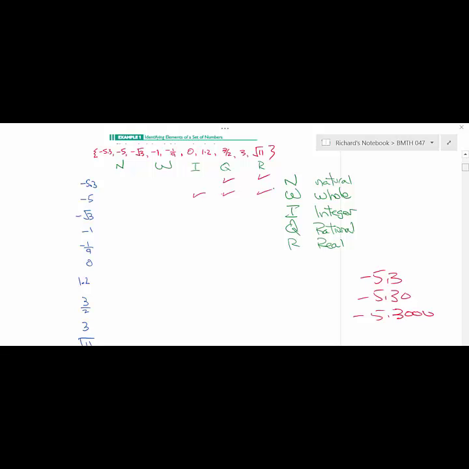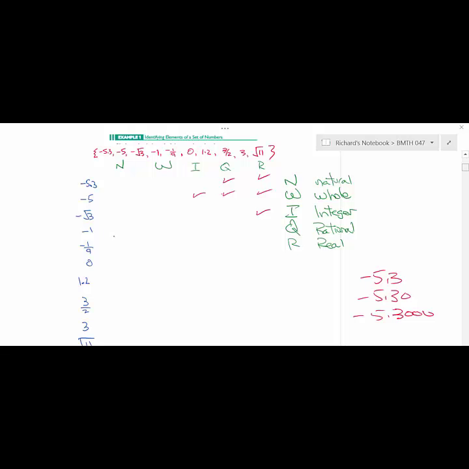Negative root 3. Well, remember the square root of a prime number is irrational. So it's not natural, it's not whole, it's irrational, so all it is is a real number. Negative 1.